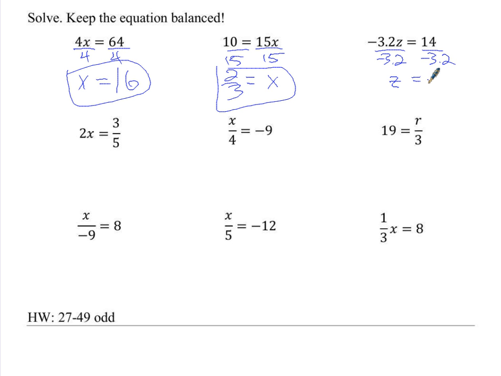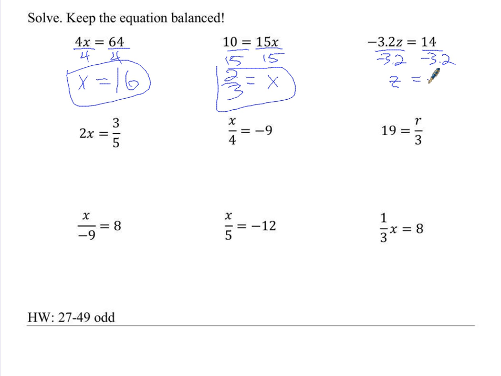I have no idea. How could we figure that out? The answer is not just sit there and wait. How could we figure this out? Use a calculator.